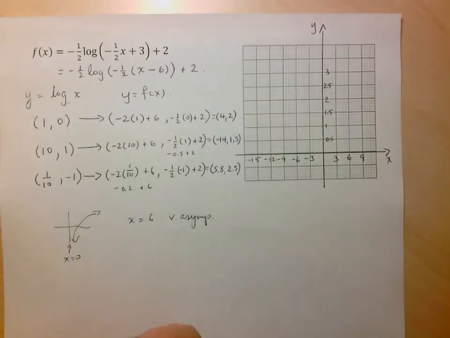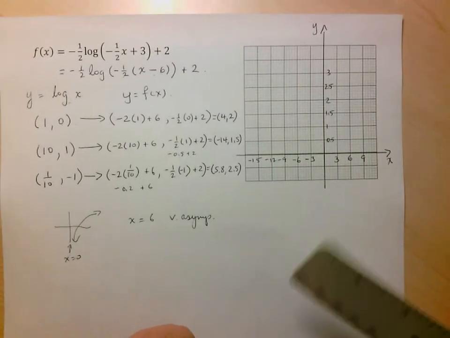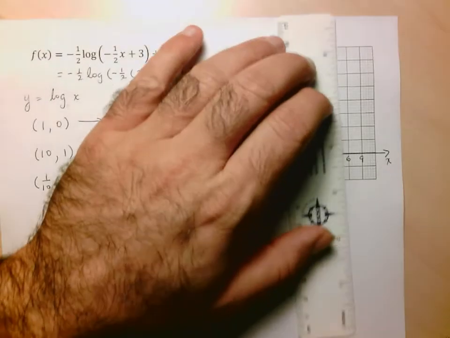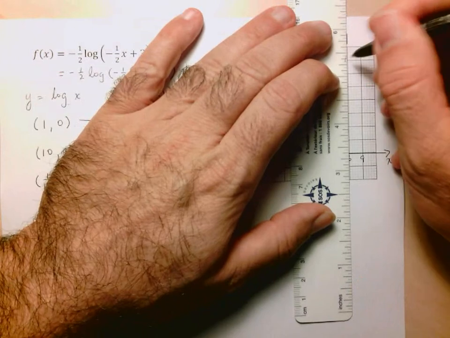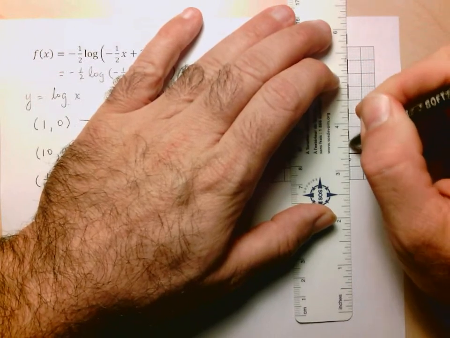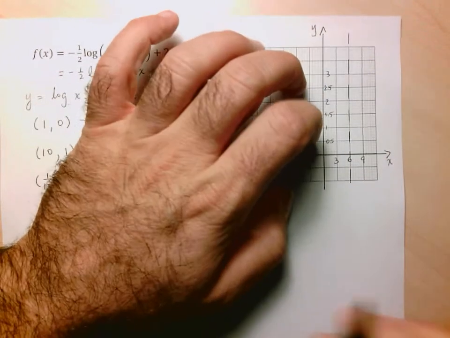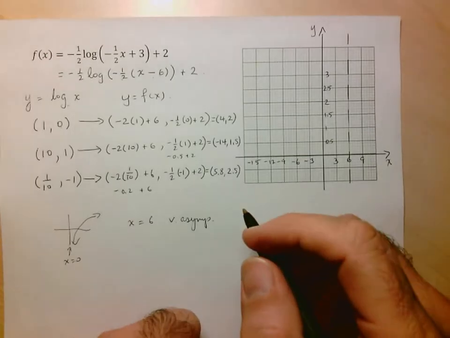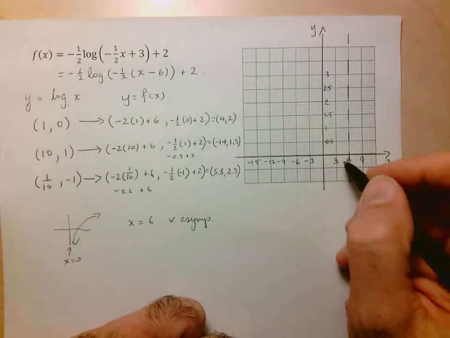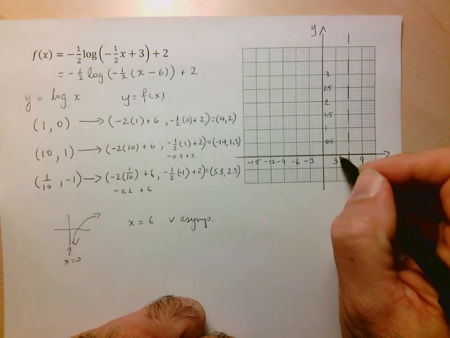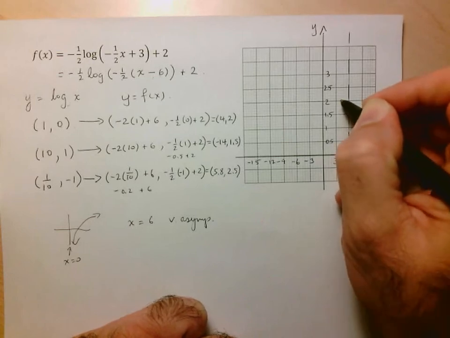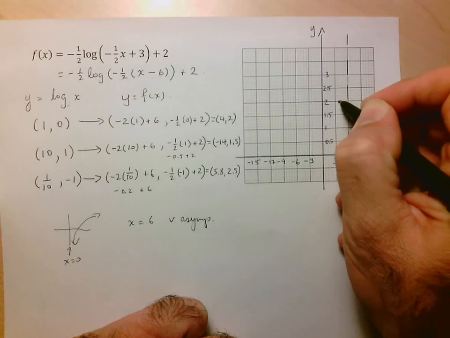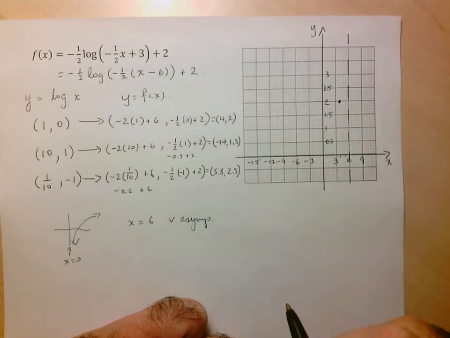Okay, and before I start plotting my points, I will put my vertical asymptote. So my vertical asymptote occurs at x equals 6. Okay, and now I'm going to plot my points. Okay, so we have 4, 2. So here, cut this into 3 portions. So 4 is around here, and we're going to 2. So there's 1 point. Okay.